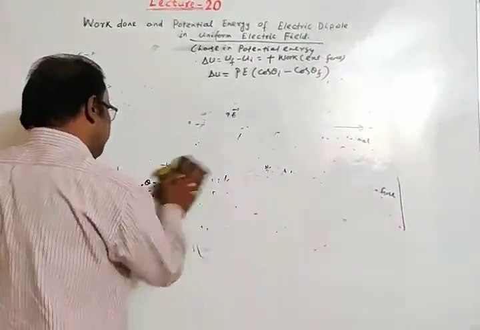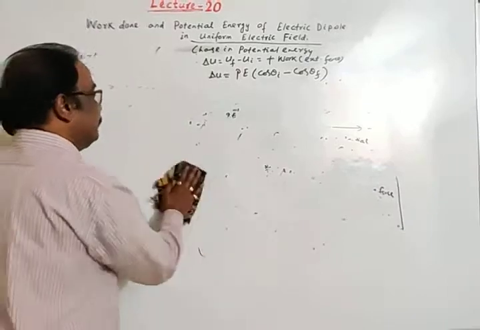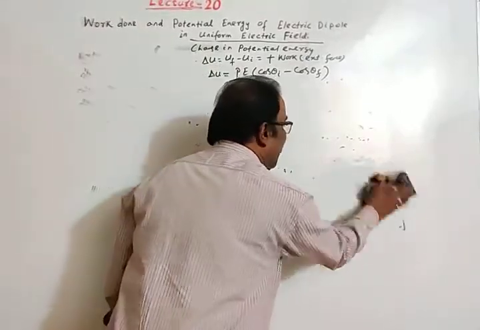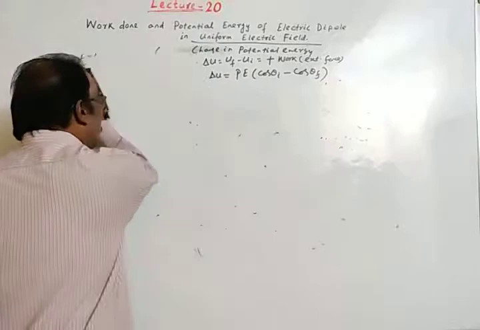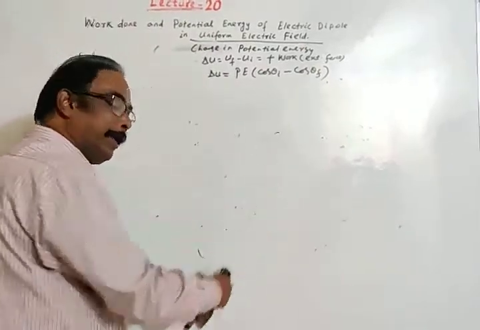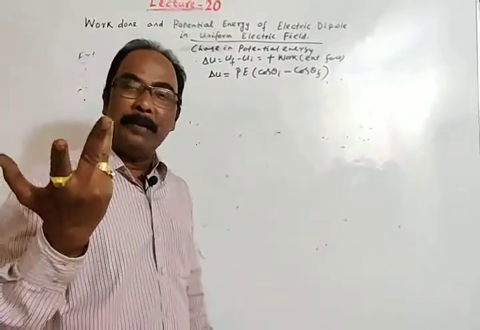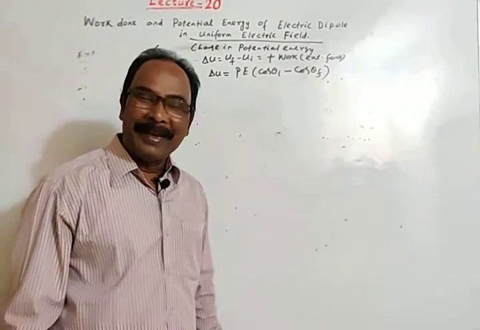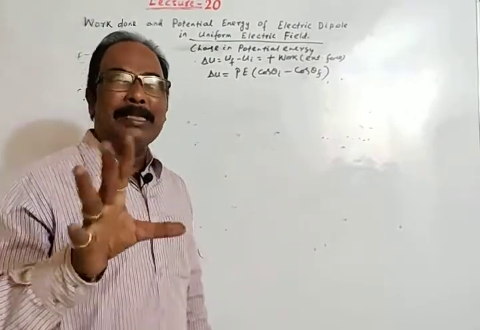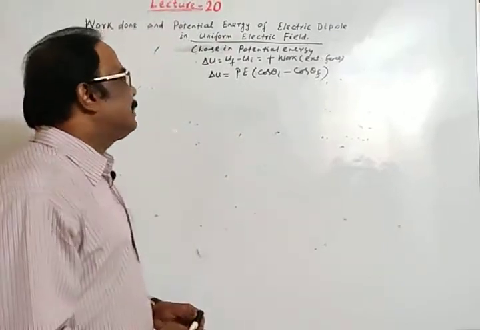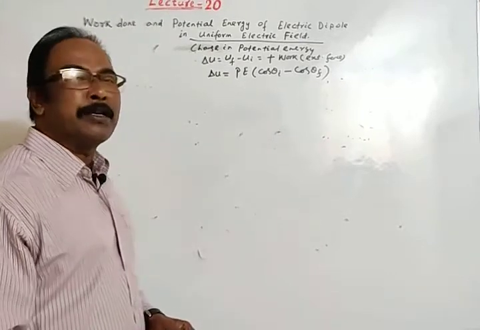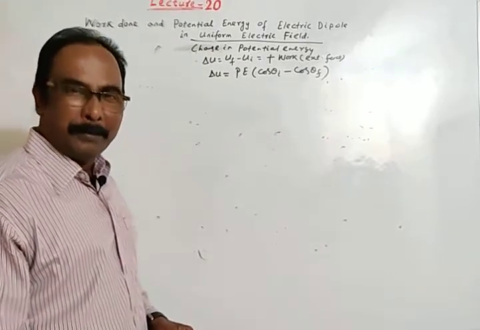The dipole is rotated from one orientation to another orientation, so there must be change in potential energy. Okay, change in potential energy, we have considered two types of forces, external force and conservative force.